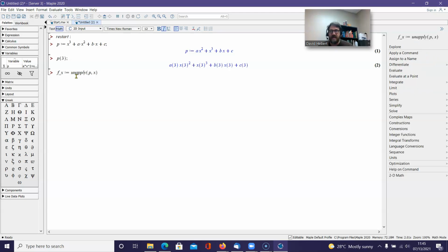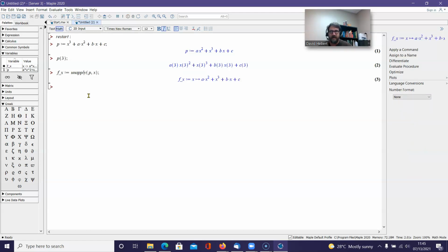Now what this is stating is, use this expression, use this as the variable and assign it to this name. This is why in algebra we talk about the name of the function being f of x; the computer's doing the same type of logic here. I'm going to hit enter, and notice we now have a group of symbols. It says f of x, that's the way I denote it, is a function in x, and here is what its definition is.